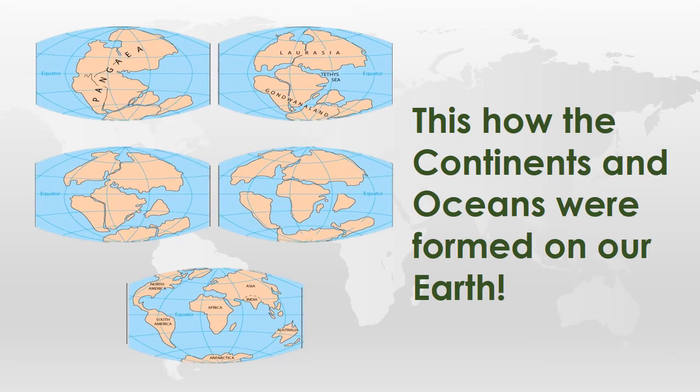So these continents kept drifting apart from each other till they reached like this. But it is believed that the continents are still drifting apart, and the water that was between them became the different oceans.